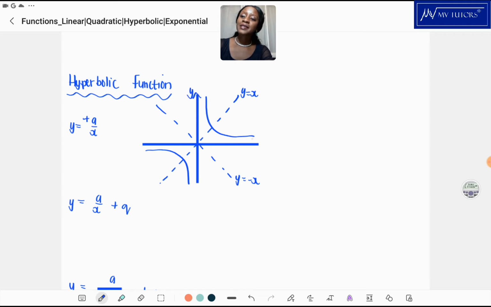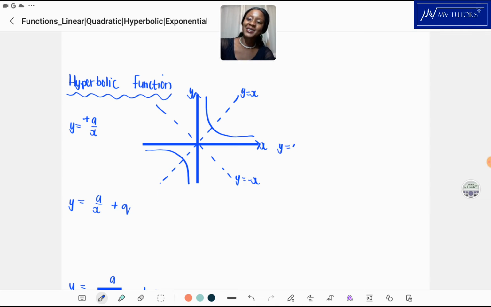An asymptote is an imaginary line that the graph cannot touch, not will not, but cannot. In this case, the equations of your asymptotes will be x is equal to 0 and y is equal to 0. Where is y equal to 0? On the x-axis.